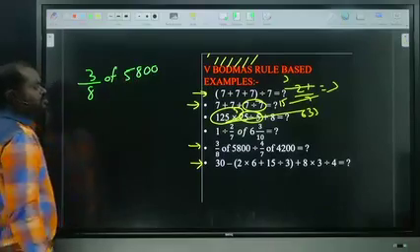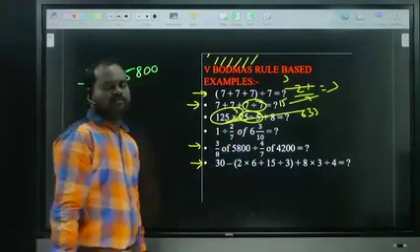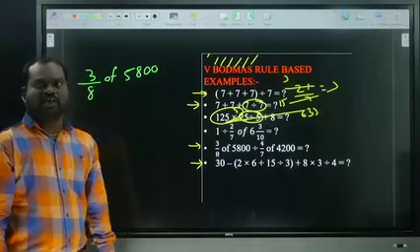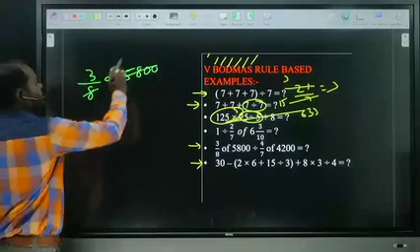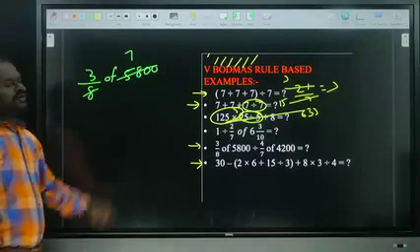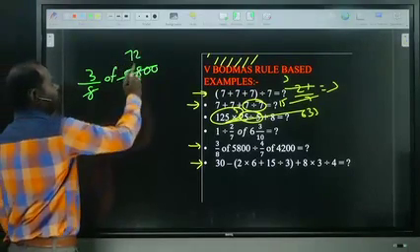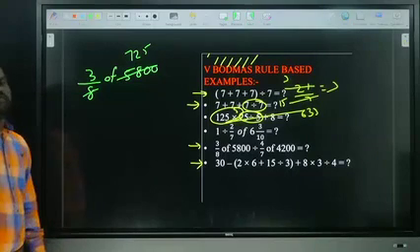As per BODMAS, of, division, of: three symbols, first preference is of. Cancel with 8: 8 ones are 8, 8 sevens are 56, 2 balance; 20 means 8 twos are 16, 4 balance, 48 5, 3 into 7 25.